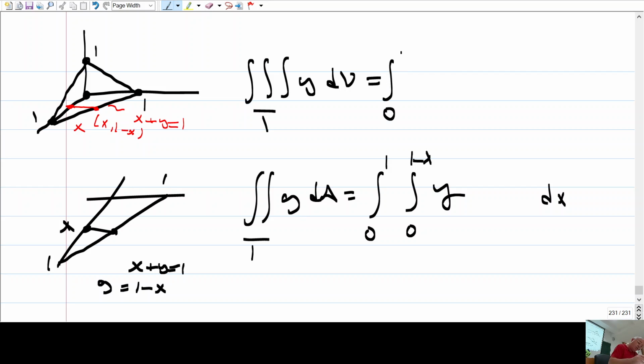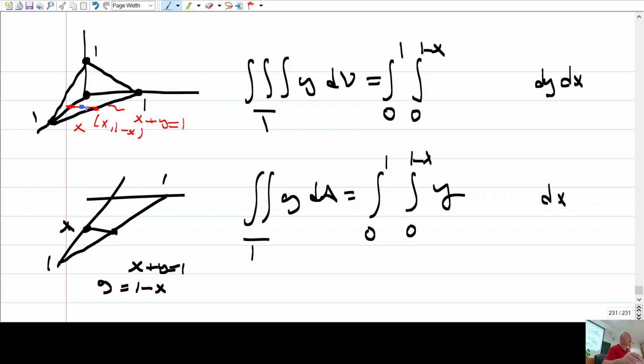X is ranging from 0 to 1, dx. And for each x, y is ranging from 0 up to 1 minus x. And for each x and y, suppose you have this point.